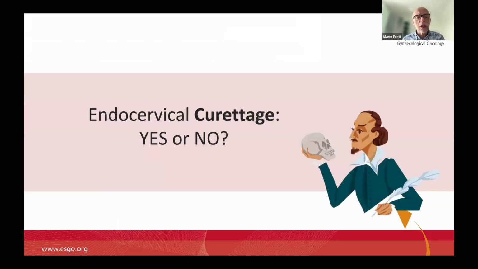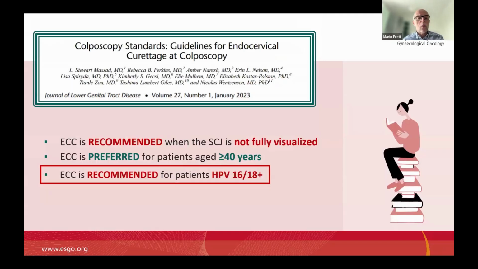And then the cervical curettage, yes or no? We note from the American Society guideline that it is recommended when the squamocolumnar junction is not fully visualized, preferred in patients older than 40 years, and also recommended for patients with an HPV 16 and 18 positive test.